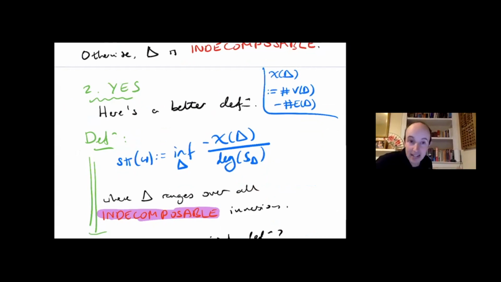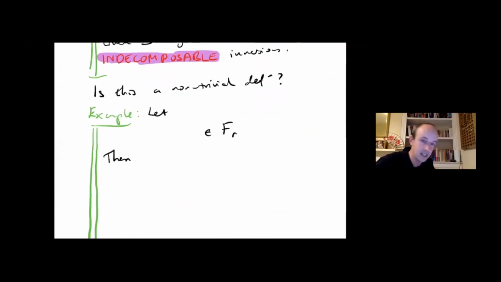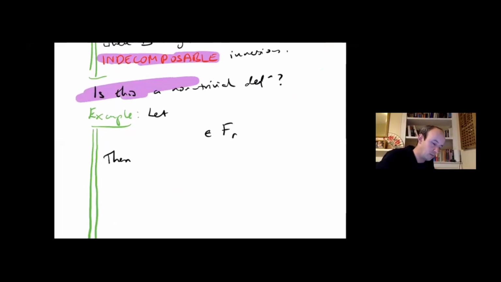Now I need to convince you that this is an interesting definition. The previous time I tried to make a definition, it was boring and it didn't give us any interesting answers. So we need to ask, is this a non-trivial definition? Are there at least some examples where this is non-trivial? And the answer is yes.